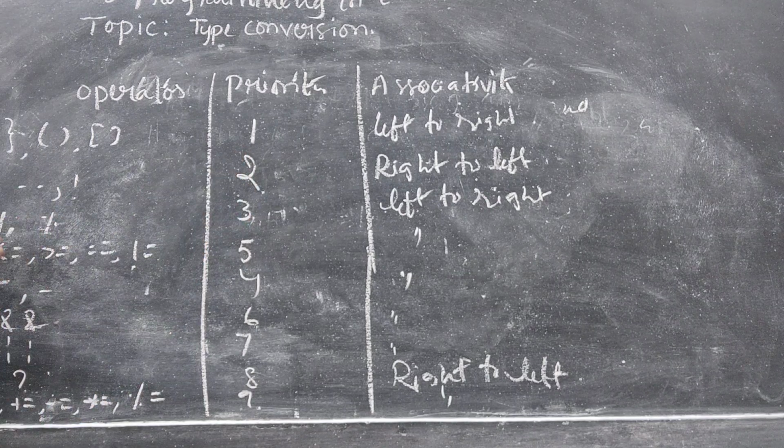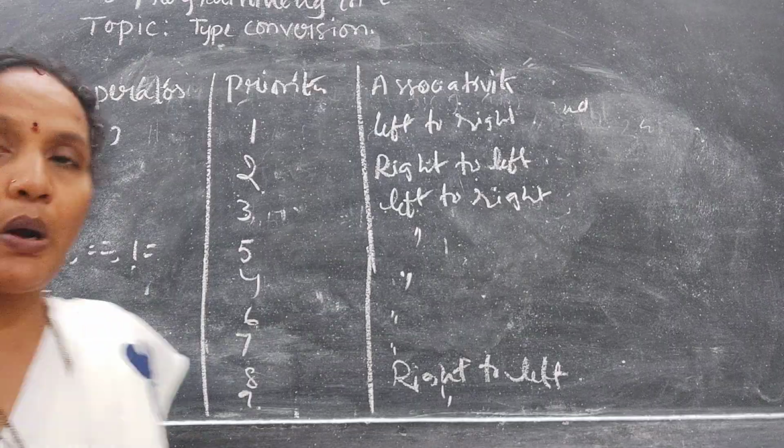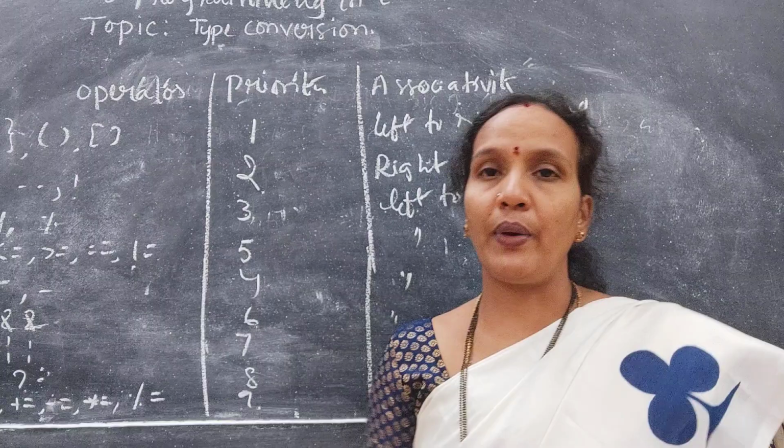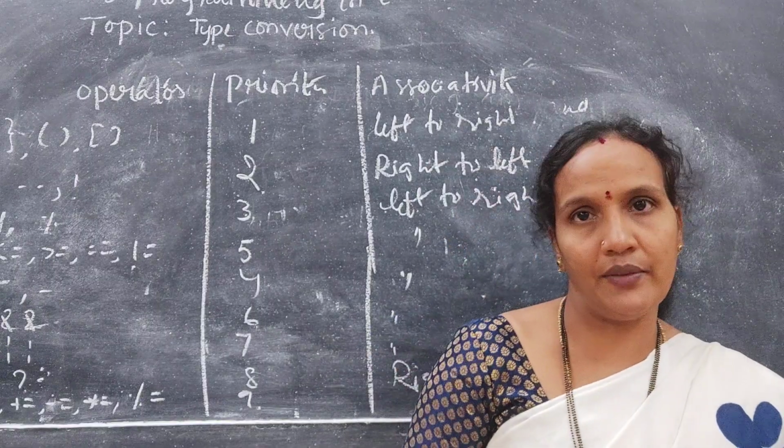The next one is the increment operators, second priority, and arithmetic operators, third priority, plus minus is the fourth priority, relational operator, fifth priority, logical AND and logical OR are sixth and seventh priority, the conditional operator is the eighth priority, and the compound operator is the ninth priority. According to the priority, the expression is evaluated.